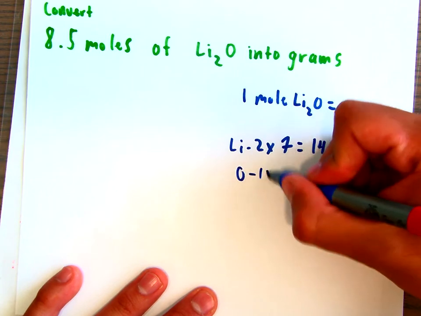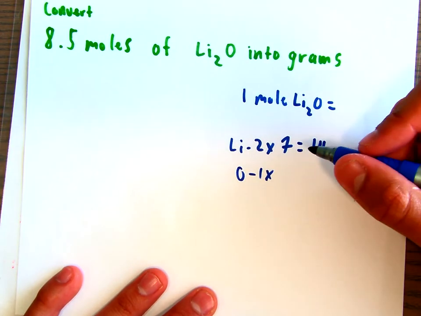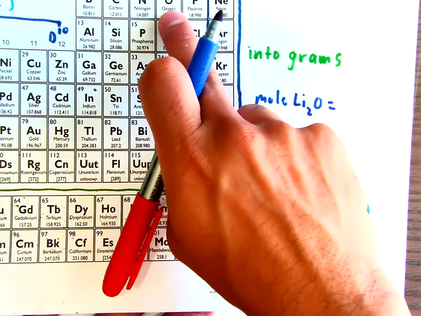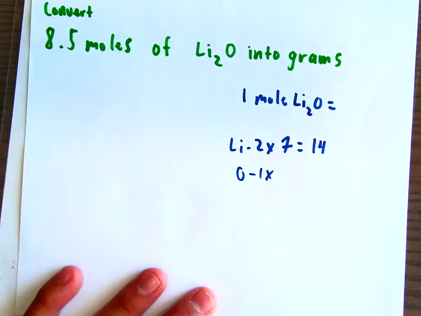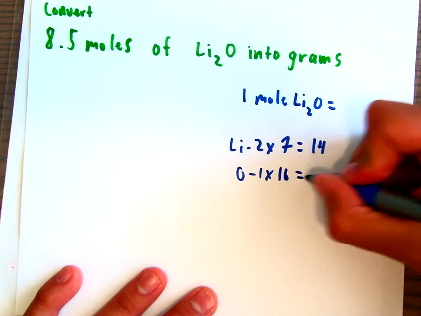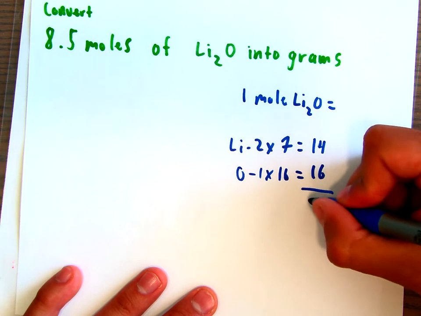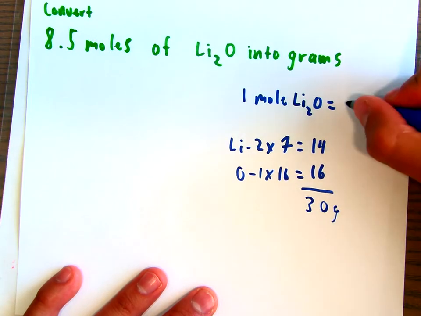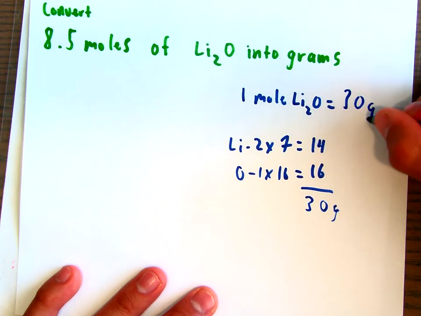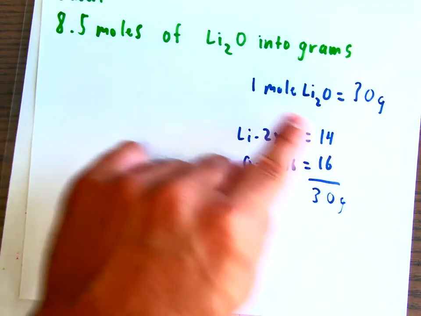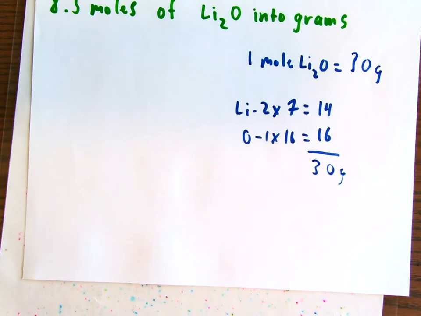Oxygen, I just have 1, and that's 15.99. Well, we can just round out to 16. Right? Keep our calculation simple. 16. Add this up. That's going to give me 30 grams. Okay? 30 grams.